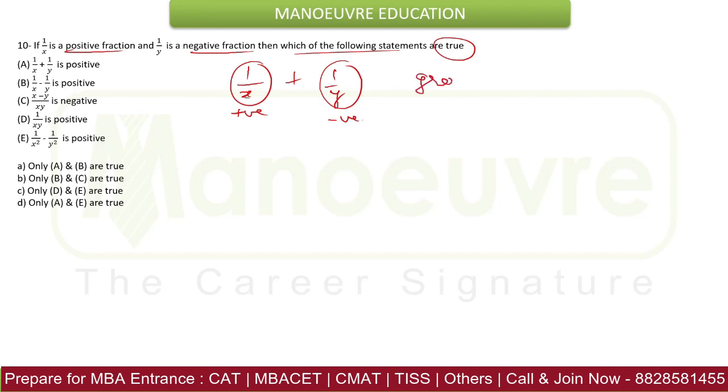Hence, depending on which value is greater, the total will be either positive or negative. It may or may not be positive because we don't know which one is greater. Hence it may be true or may not be true. We can't predict anything clearly about this.